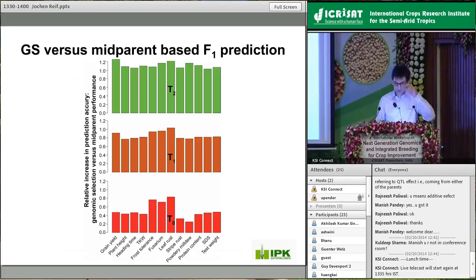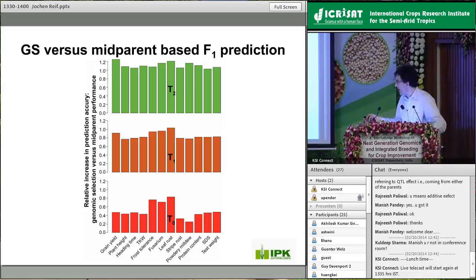So I'm showing here in this graph the values for the other 12 traits, and this is depicted here: the relative increase in prediction accuracy, genomic selection versus midpoint performance. If you reach a value of 1, you have equal prediction accuracy applying genomic selection or midpoint performance prediction.